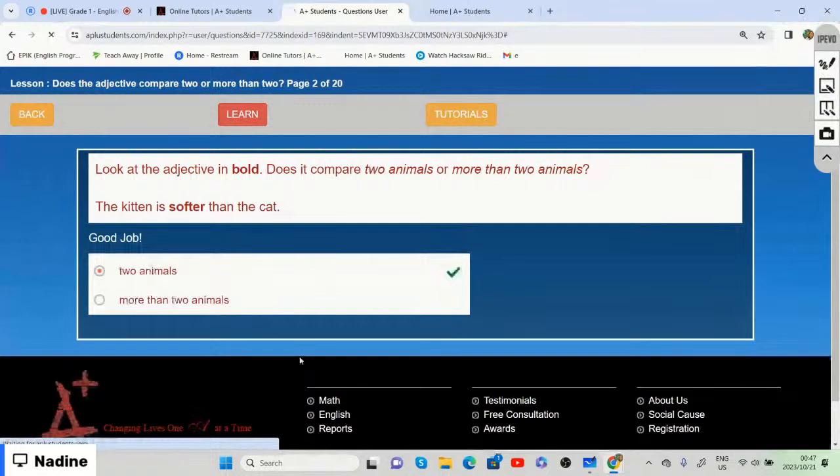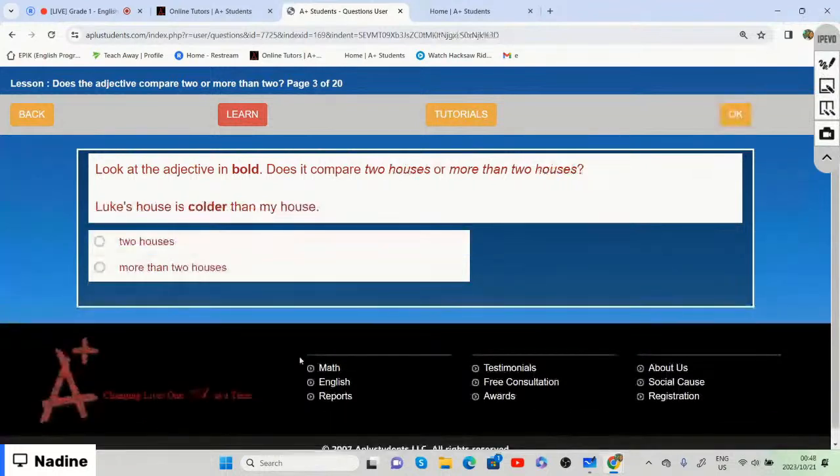And then, Luke's house is colder than my house. Are we talking about two houses or more than two houses?